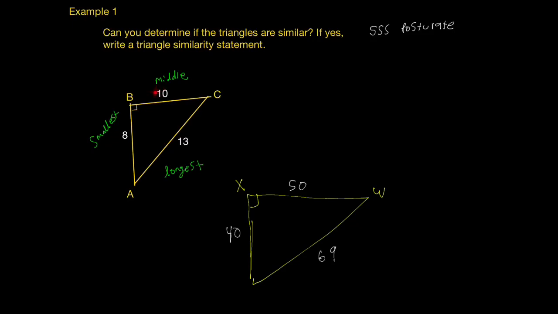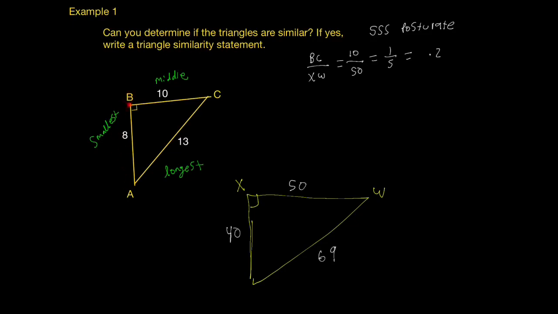So I'm going to begin with 10. BC corresponds to XW, so I'm going to do 10 over 50. So let's write this down. BC corresponds to XW. BC is 10, and XW is 50, and 10 over 50 is 1/5, and this equals 0.2. Let's do the next one.